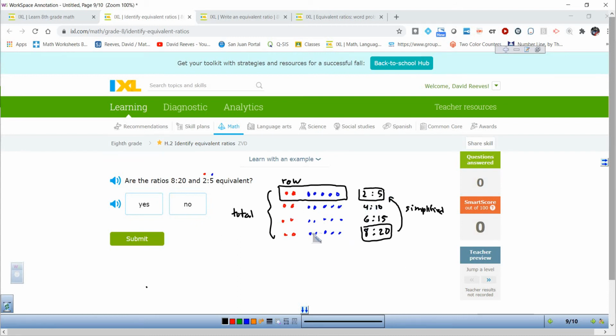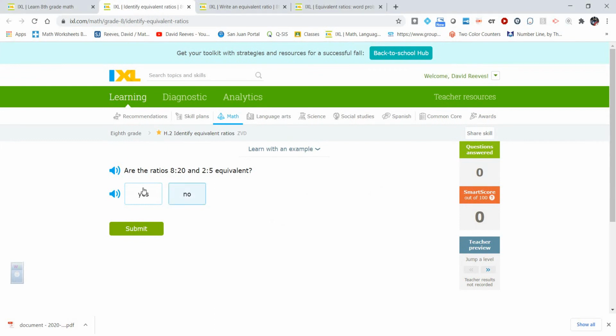Again, this is not a real practical way to do it, especially if these numbers got super duper large, but it's a nice visual confirmation. This is simply 4 times as big as that. 2 times 4 is 8, 5 times 4 is 20, but since they are both 4 times bigger, these are actually equivalent. So we would say yes to that.